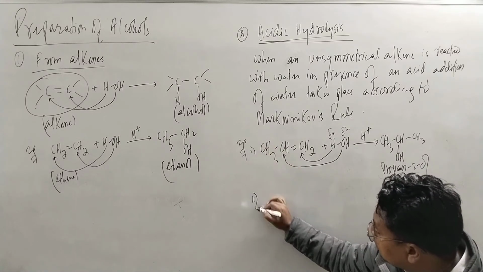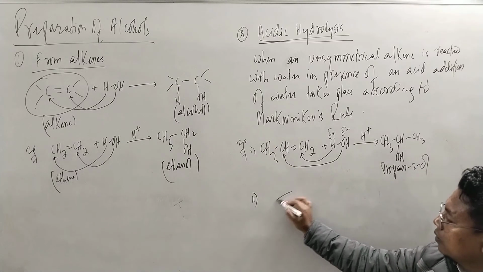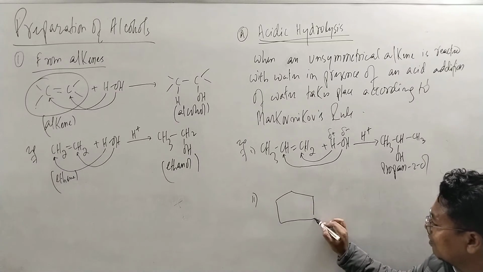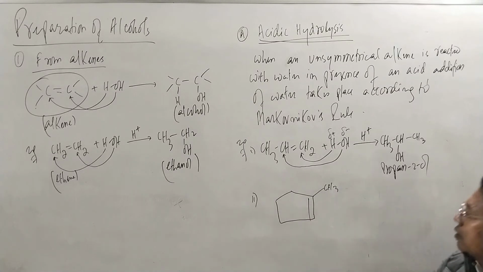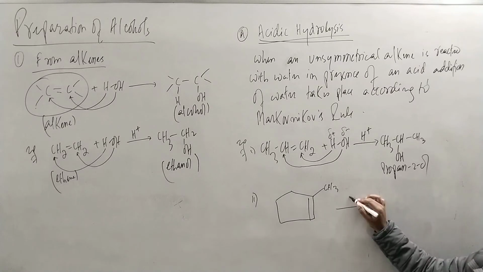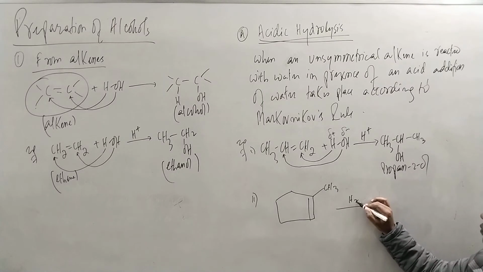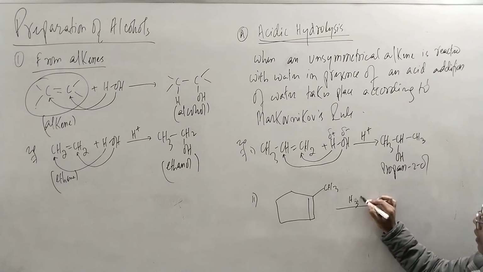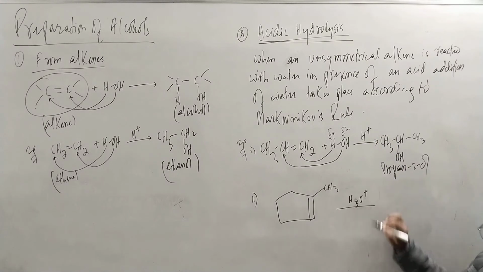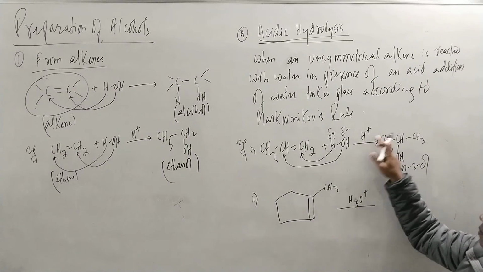Let me give another example because I have space here. This is a double bond. Here methyl is attached. This can be written combined like this: H3O+, H2O+, H+. This becomes H3O+.